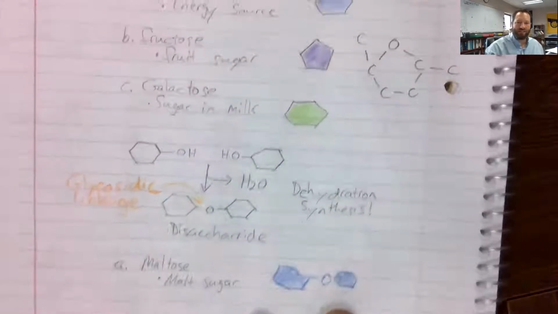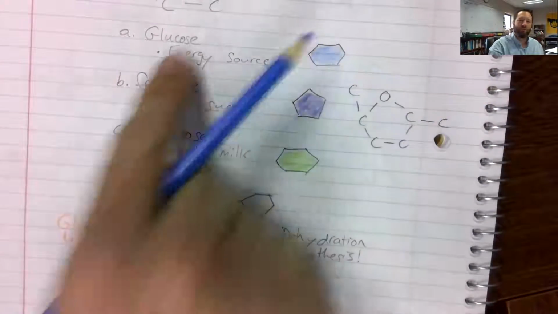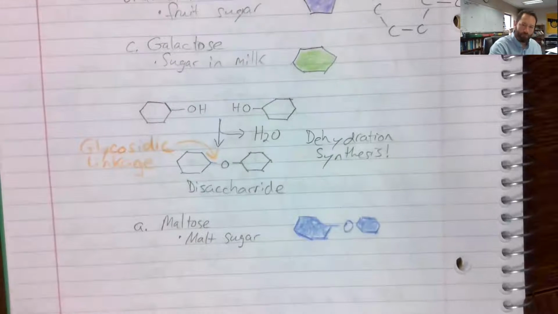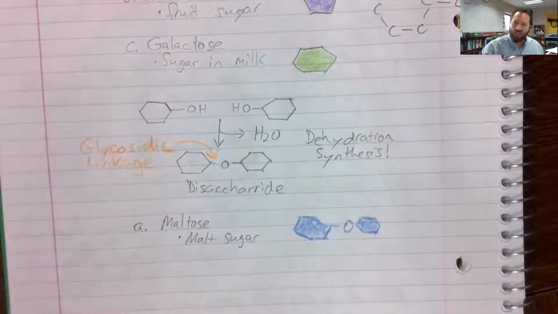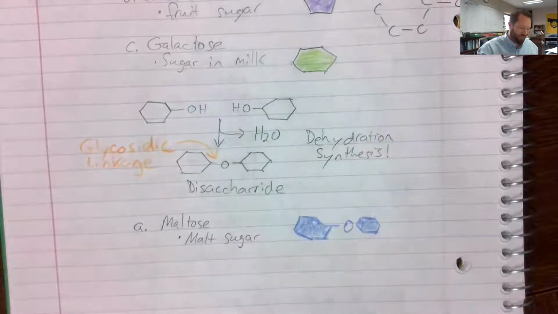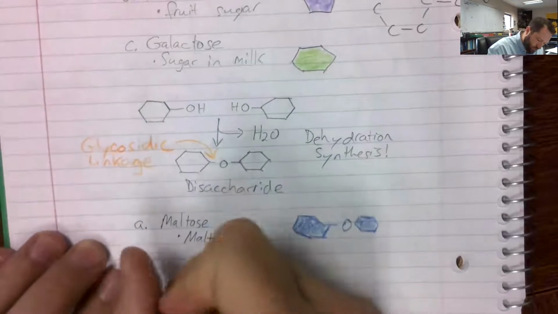Two hexagons, light blue: two glucose together make up maltose. Malt sugar, we find in cereal and pasta and potatoes, a lot of malt sugar in those.